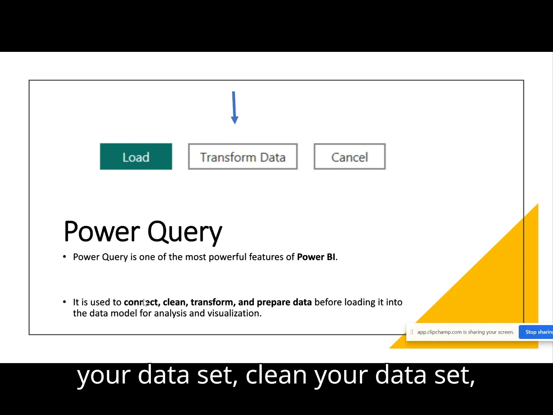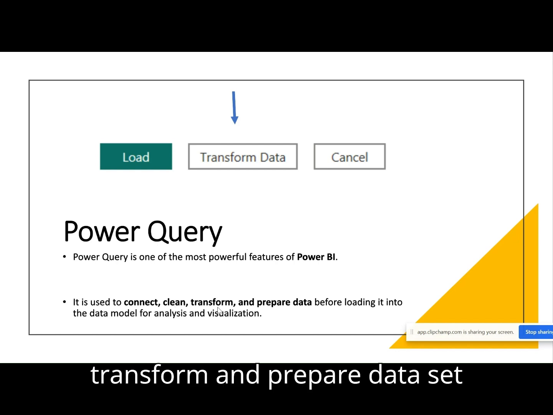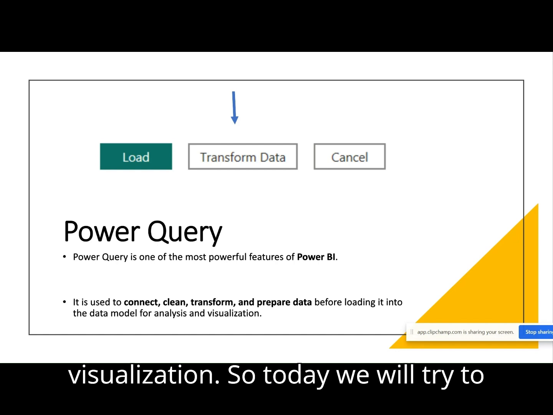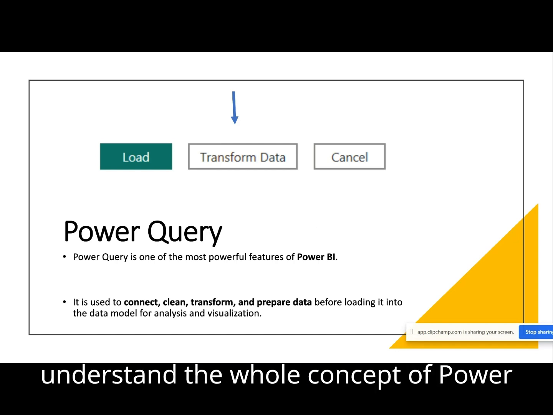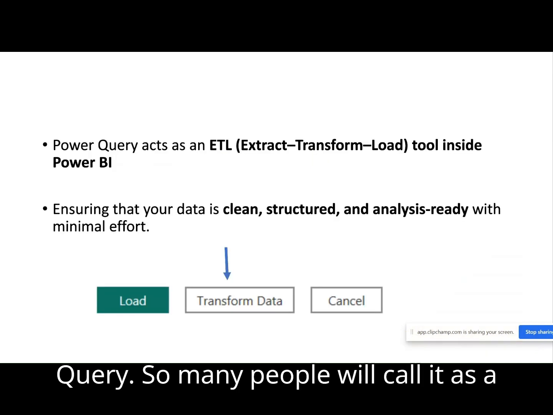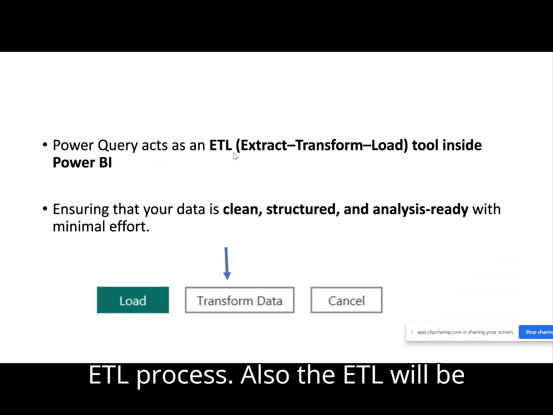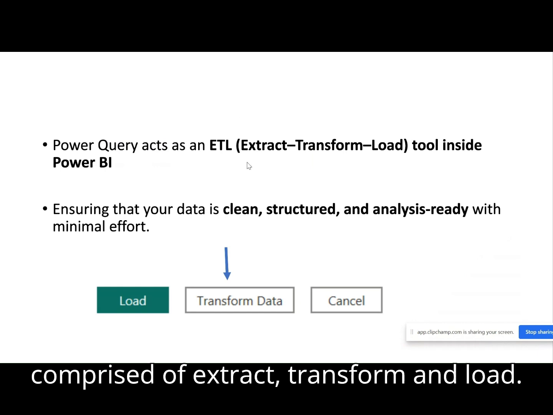The correct process is to first connect your data set, clean it, transform and prepare it before we proceed to visualization. So today we will try to understand the whole concept of Query. Many people also call it the ETL process. ETL comprises extract, transform, and load.